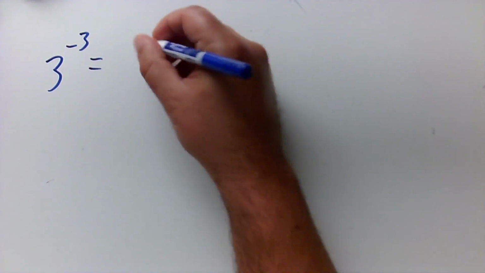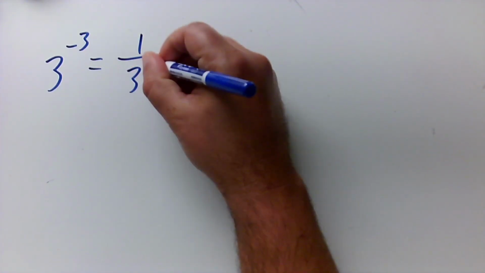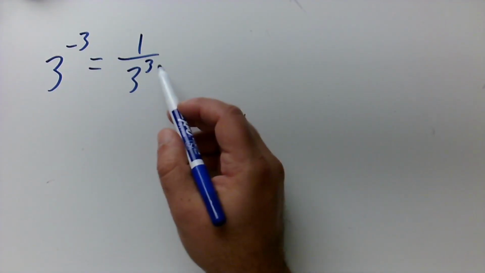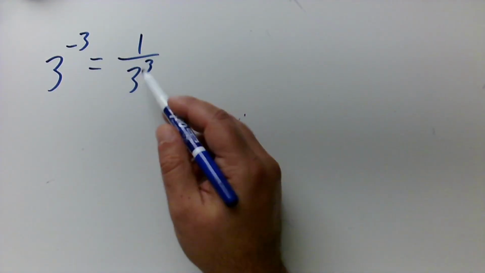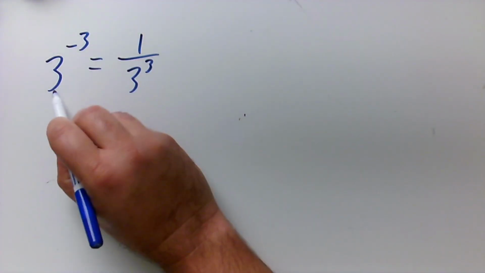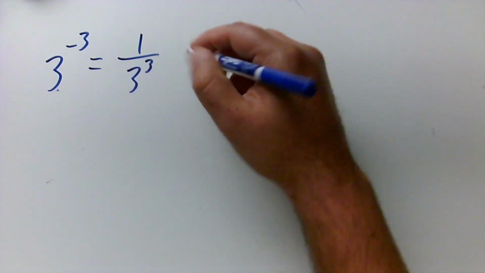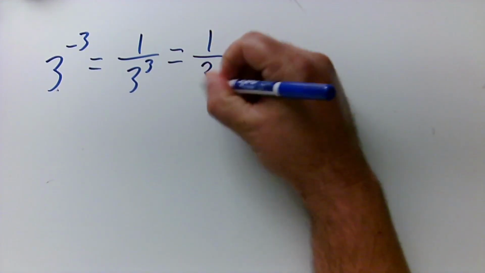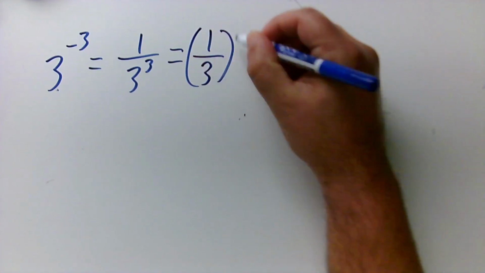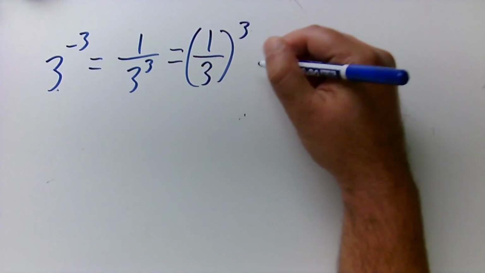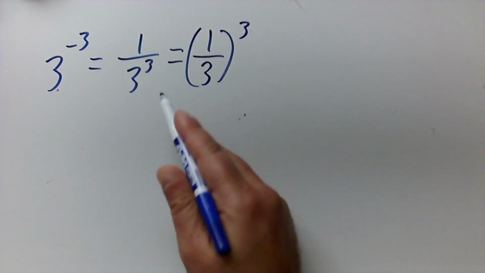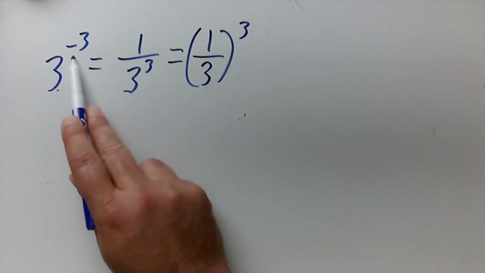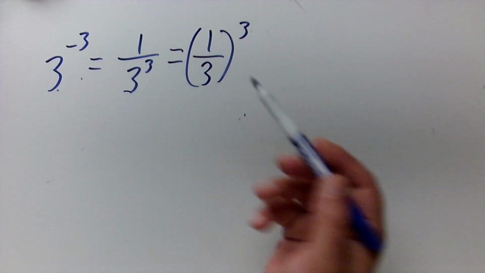We take 1 over 3 to the third power, and now we have a positive exponent, and now this makes sense. You could either do it this way, or you could just take the reciprocal of whatever's being exponentiated. One over 3 to the third power, but they're both equal to the same thing. And if you're asked to write it without a negative exponent, you would write it like this.